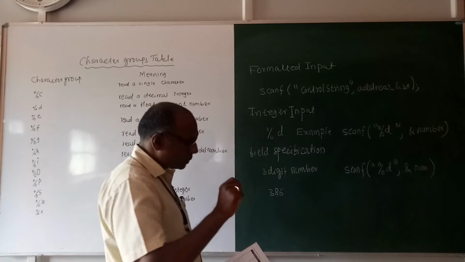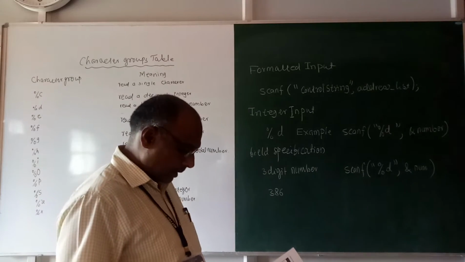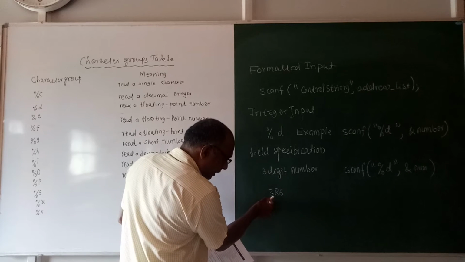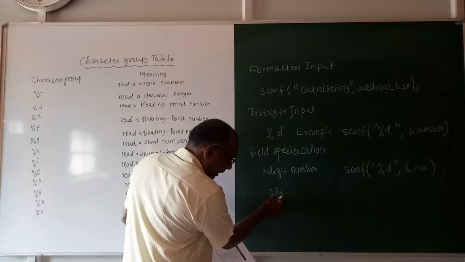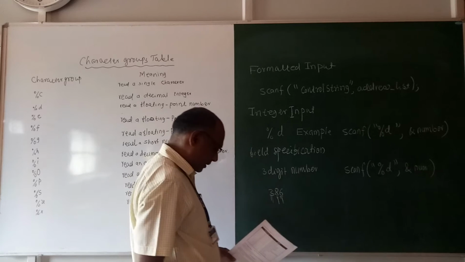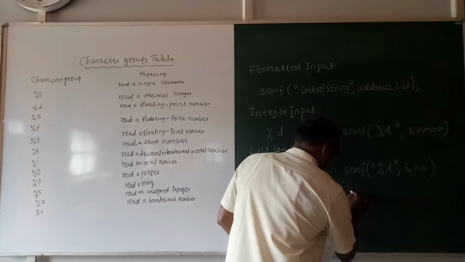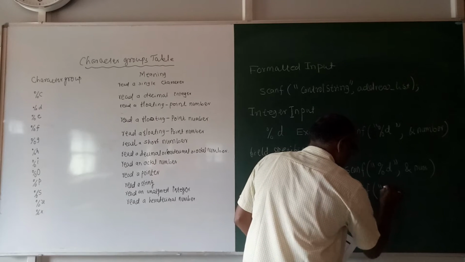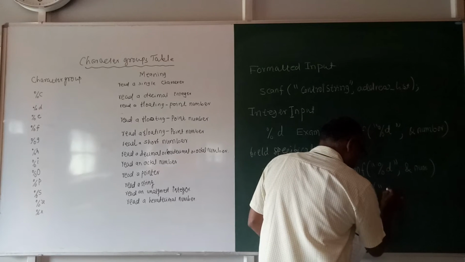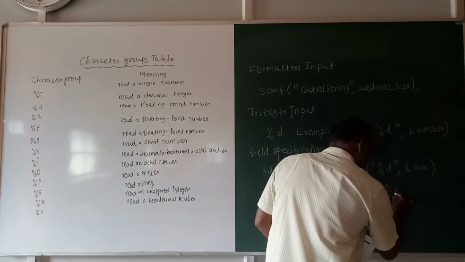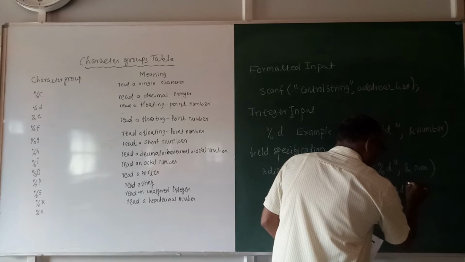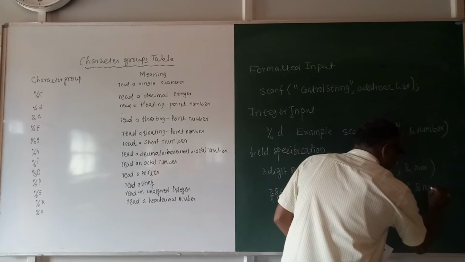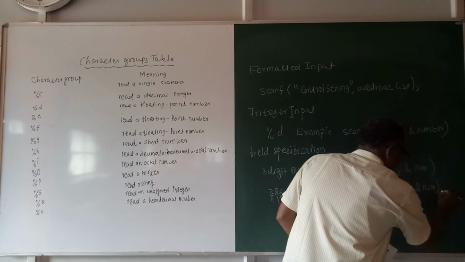The number of digits to be inputted is 3, so I'll rewrite this. Scanf, this is as it is. I'll write the percent symbol, and then 3d, close this, and ampersand num.